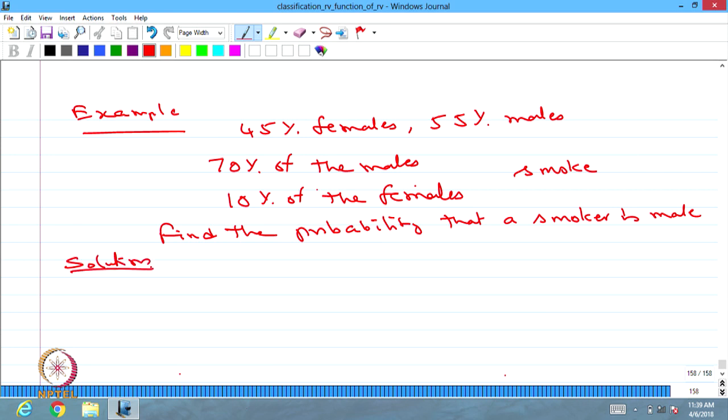Let's solve this problem by treating S as the event that a person is a smoker, M as the event that the person is male, and F as the event that the person is female.